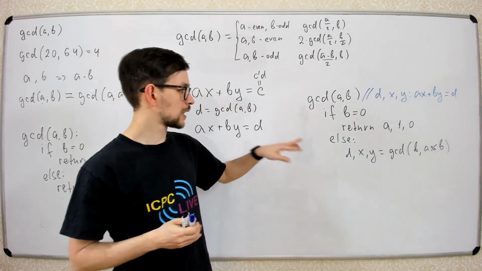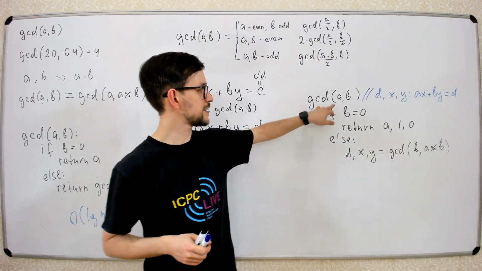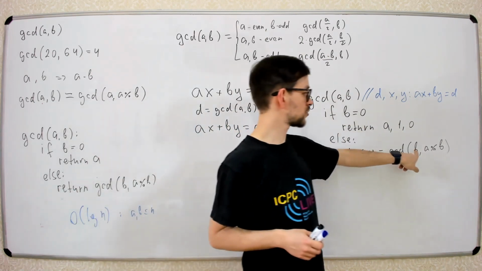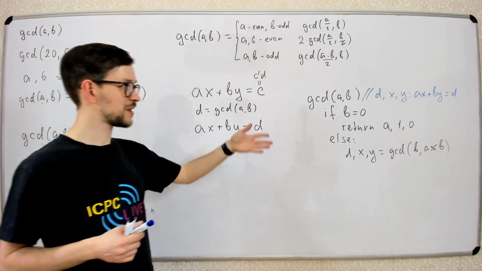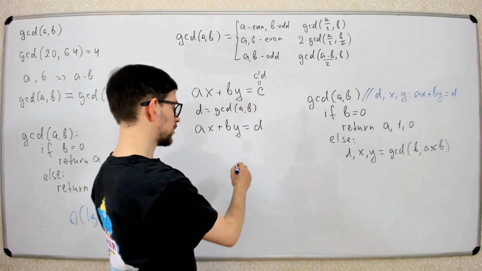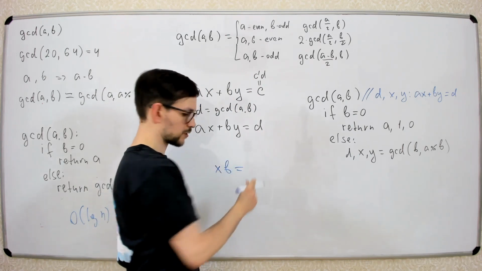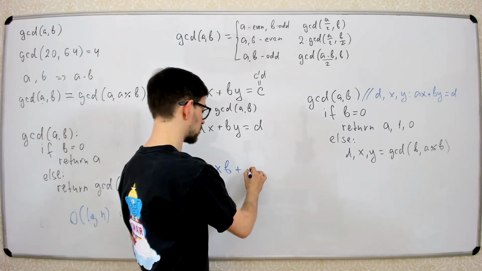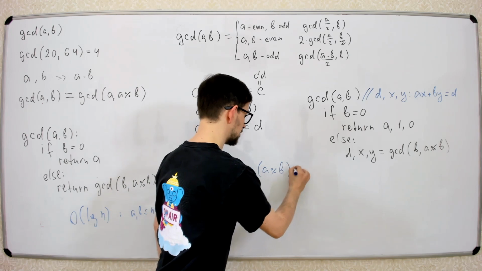Now, we know the greatest common divisor, it's here. And we need to find a linear combination for a and b. We already know the linear combination for b and a modulo b. How to find the linear combination for a and b? Let's see. So what happens here? We have x multiplied by b plus y multiplied by a modulo b equals d.